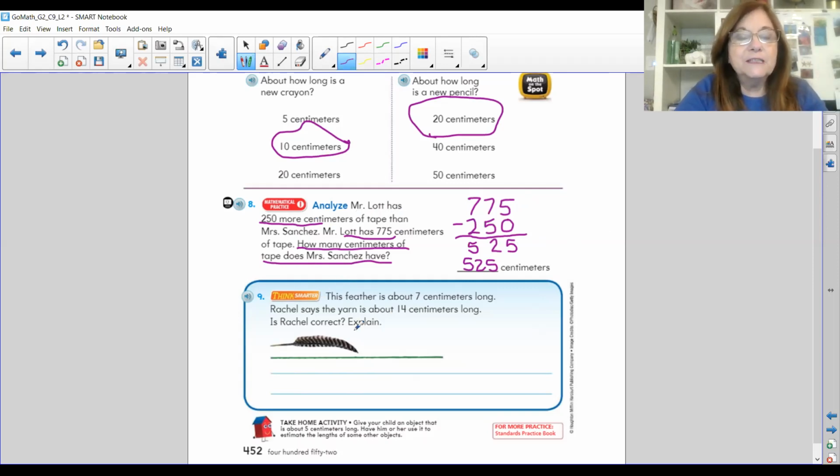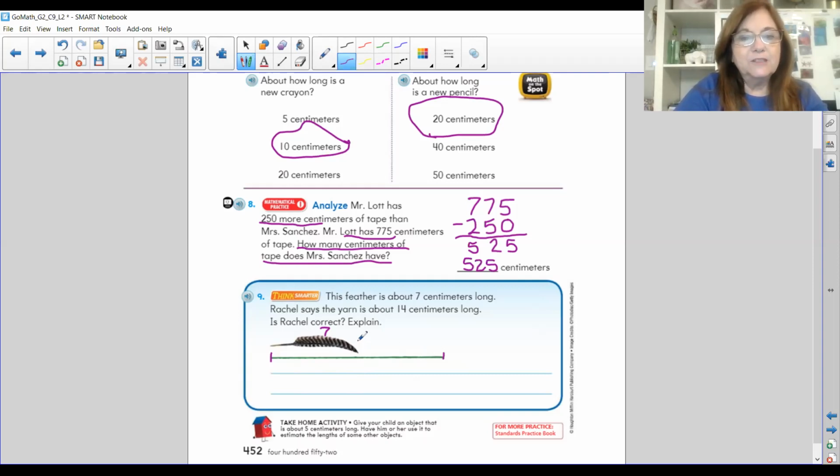Now, this feather is about 7 centimeters long, so I can put a 7. Rachel says the yarn is about 14 centimeters long. So from here to here, about 14. Is Rachel correct that this yarn is about 14 centimeters?